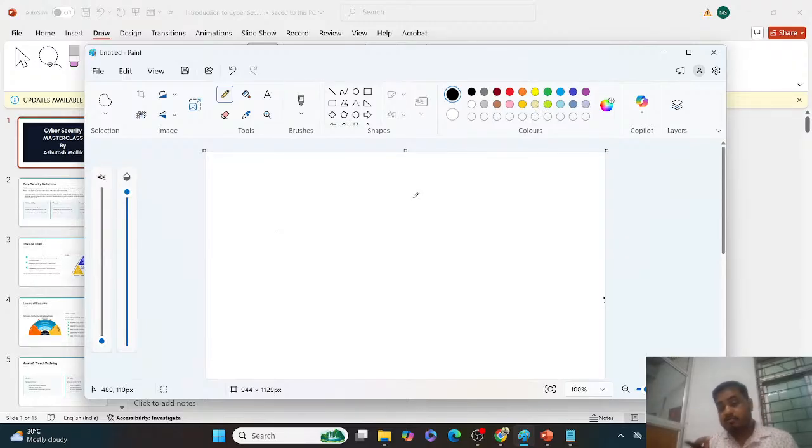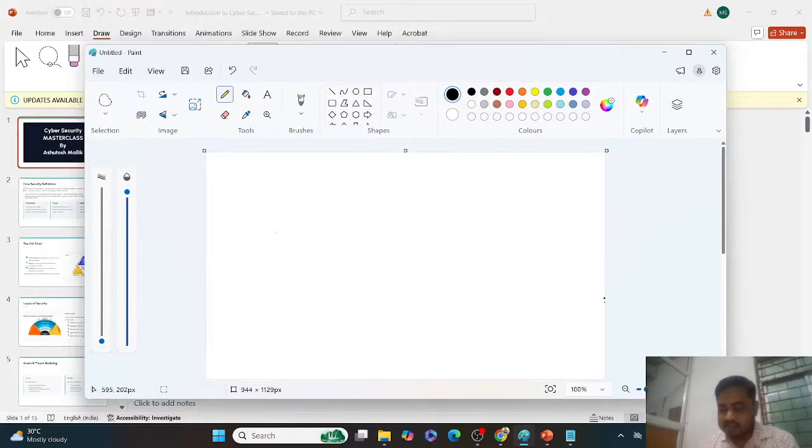But unethically, that hacker gets access to that website. That is called unauthorized access. That's not authorized access. Authorized means you have the permission.